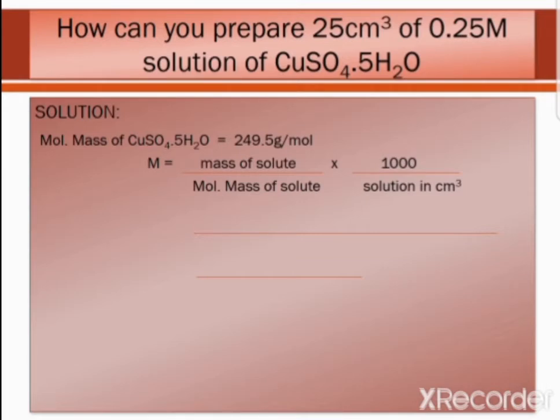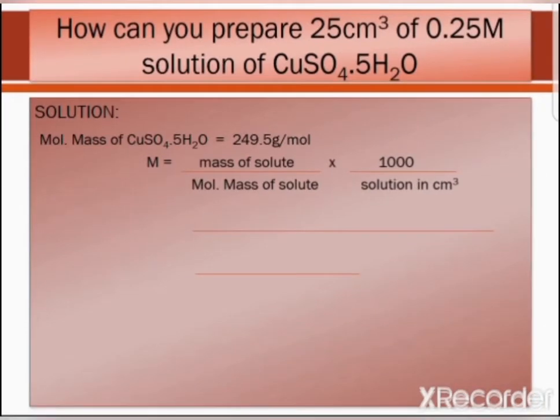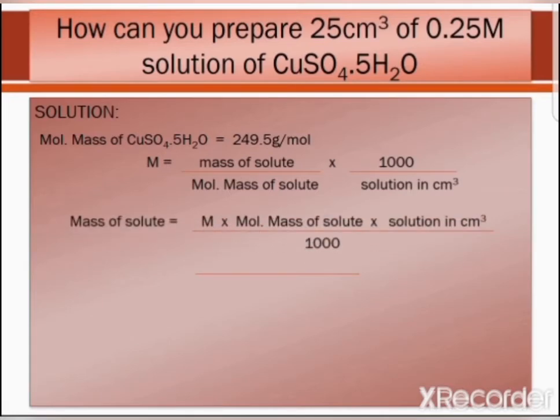By using the formula of molarity, M is equal to mass of solute divided by molecular mass of solute into 1000 divided by solution in cubic centimeter. Now, to find the mass of solute, we will rearrange this formula of molarity as mass of solute is equal to molarity into molecular mass of solute into volume of solution in cubic centimeter divided by 1000.